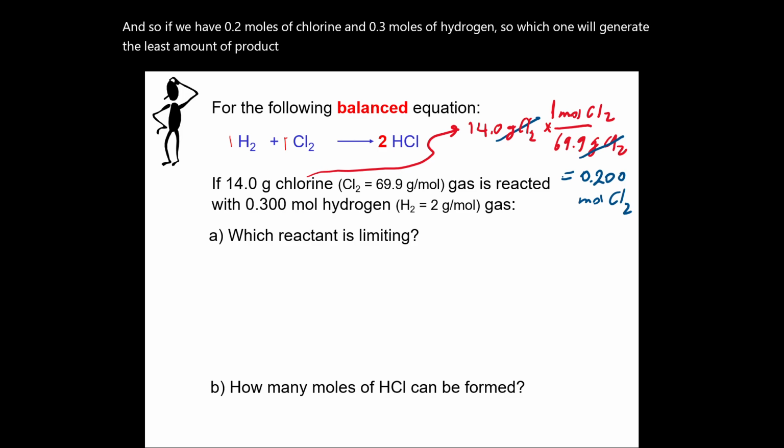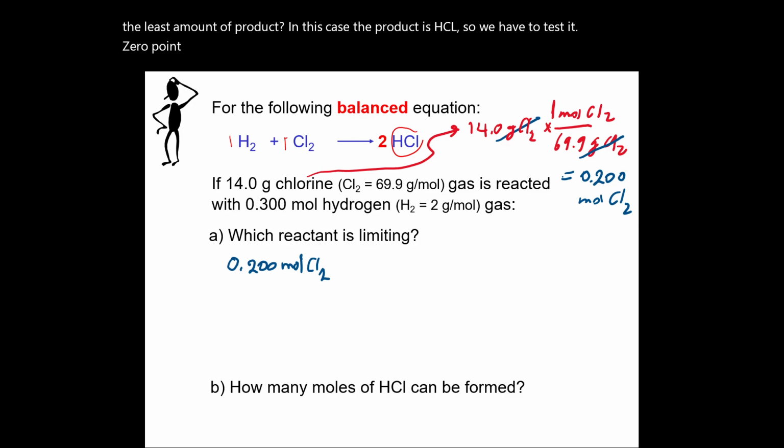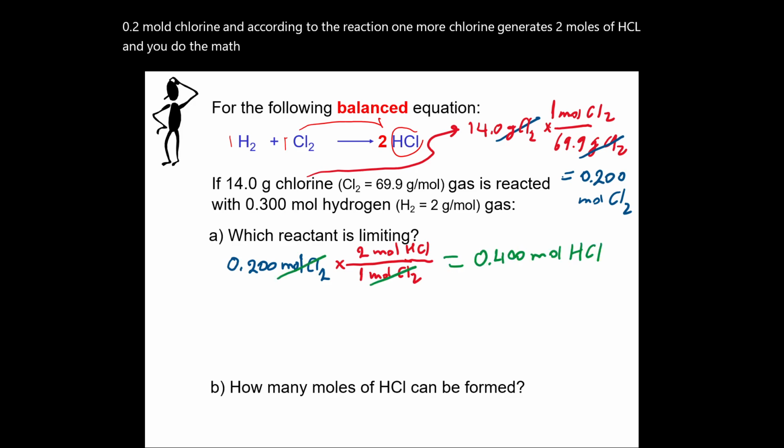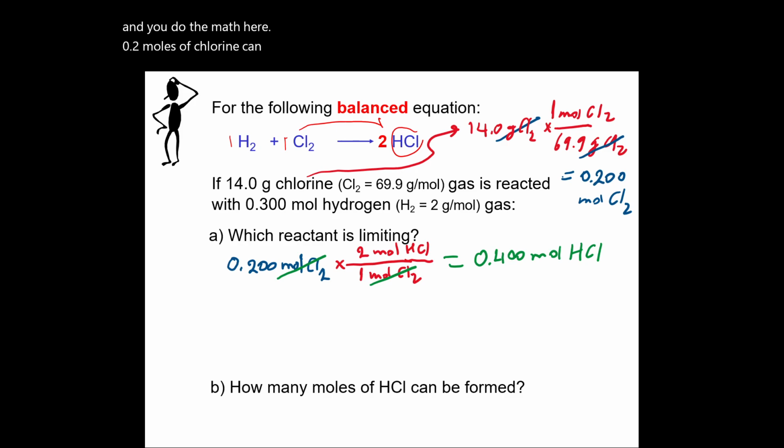In this case, the product is HCl. So we have to test it. 0.2 moles chlorine, and according to the reaction, 1 mole chlorine generates 2 moles of HCl, and you do the math here. 0.2 moles of chlorine can generate 0.4 moles of HCl.